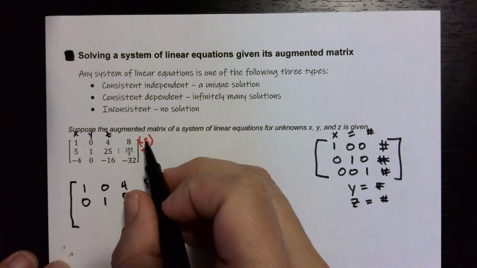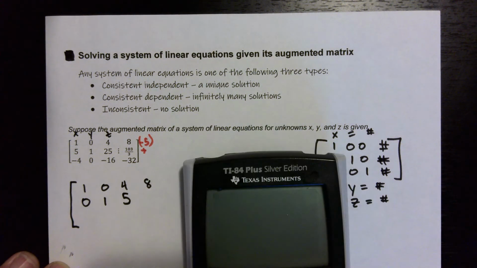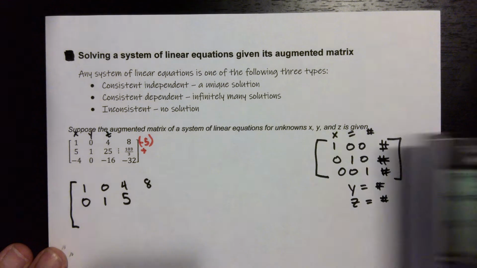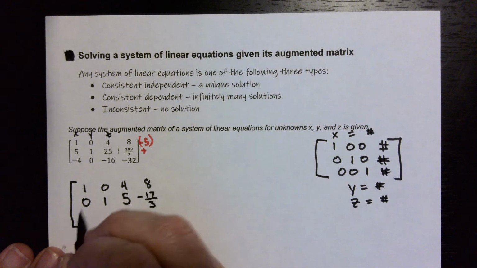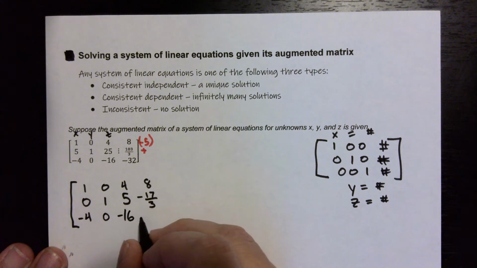And then -5 times 8 is -40. Let's do that one in the calculator: -40 plus 103 divided by 3. Let's change that into a fraction, so -17 over 3. And then the last one, nothing happened: -4, 0, -16, -32.